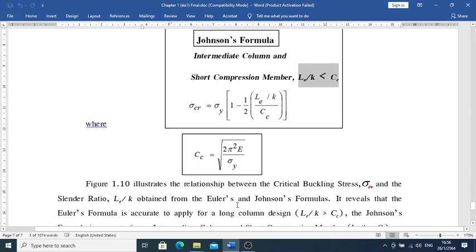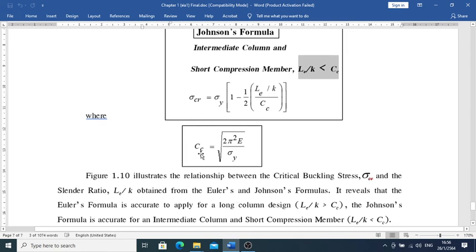C sub C is defined from the characteristic 2 pi squared times E over sigma y, because E and sigma y are constants that are characteristics of the machine members.